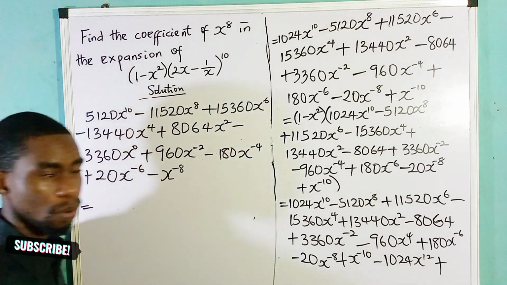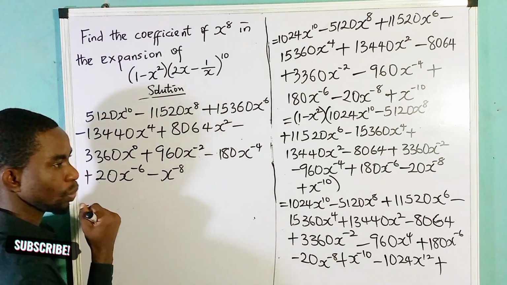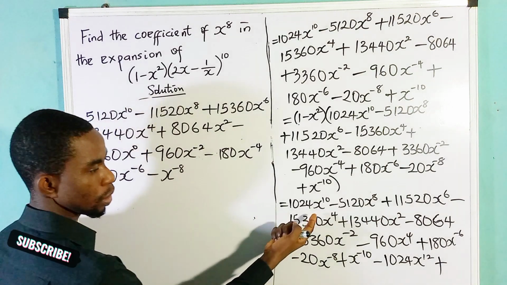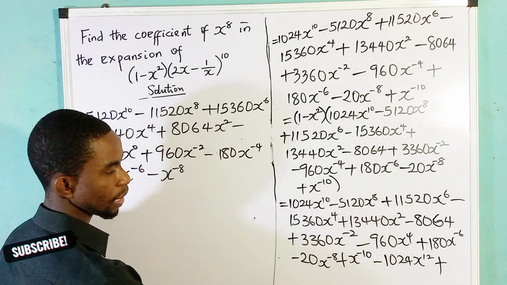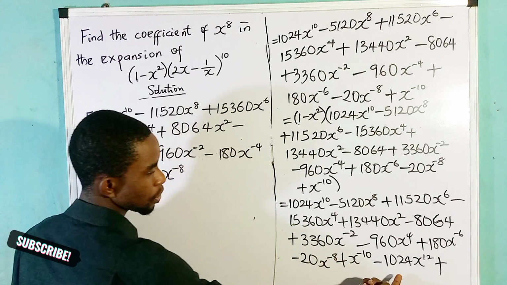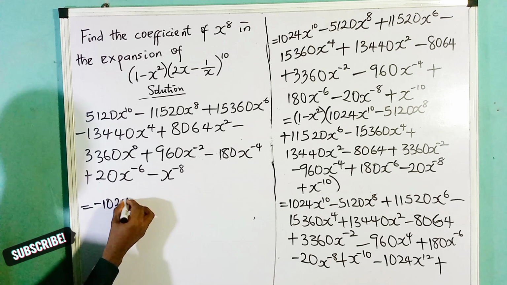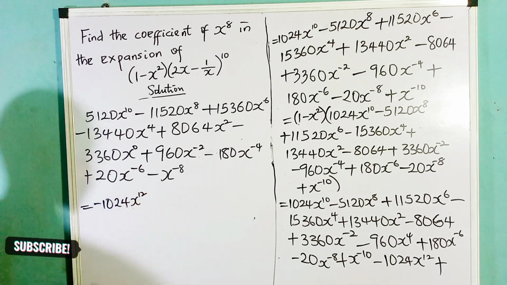Okay, so now we can collect like terms. The like terms are the terms with the same variable. So here you see x to the power of 10, bring them together. Now the highest power of x we have is this one, minus 1024 x raised to the power 12.